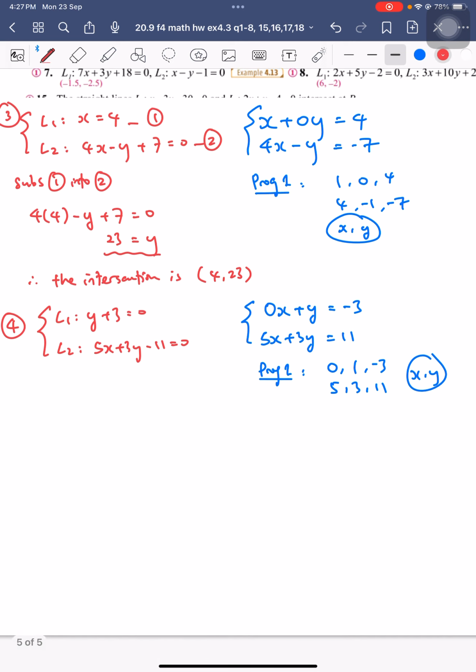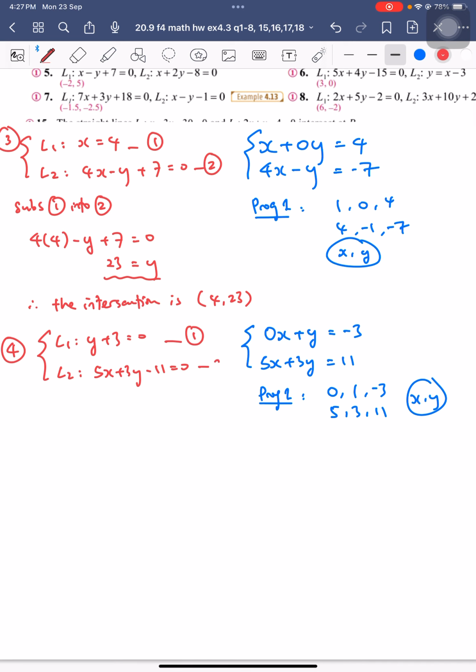For the other method, we start from the first and second equation. From the first equation, y is actually equal to negative 3. Then I can substitute y equal to negative 3 into the second equation. I change all of the y here to negative 3. So now I have 5x plus 3 times negative 3 minus 11 equals 0.